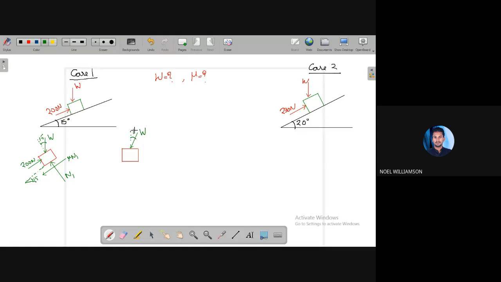This is 15 degree. Now the normal N1, frictional force mu N1.